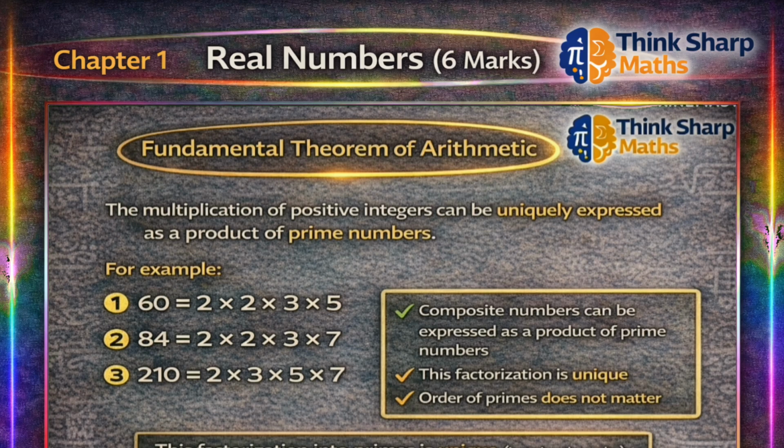That time you didn't change the prime numbers, you just changed the order of them. So we have to ignore the order, then every number can be written in a unique way. Understood? For example 84 is 2 into 2 into 3 into 7, and 210 is 2 into 3 into 5 into 7. So composite numbers can be expressed as a product of prime numbers in a unique way. This factorization is unique, right? Order of primes does not matter.